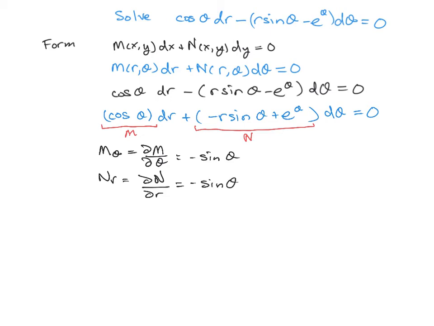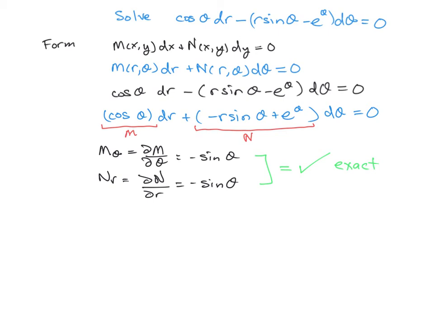Because again, the e to the theta term is canceled out to 0 by the partial derivative, and the r becomes a 1 when we take our derivative. You'll notice right away that these are equal. So our equation is exact, which is great, which means we can solve it using the methods in this section.